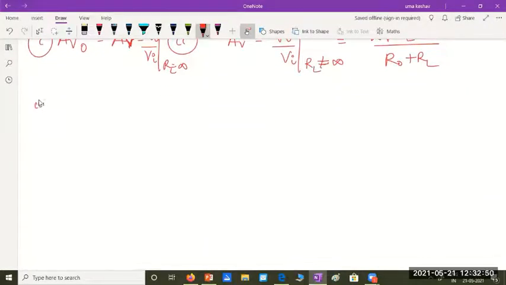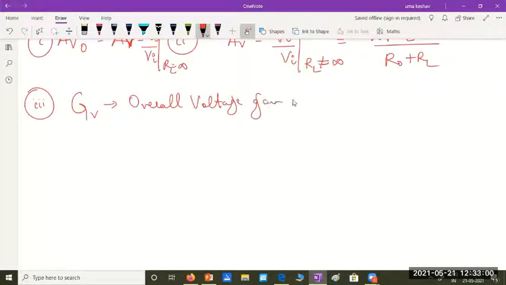Now we'll define the last, or final type, that is GV, the overall voltage gain. As we have already written the equation there, this overall voltage gain will be the final output voltage divided by the actually applied signal generator input voltage, V0 by Vsig.